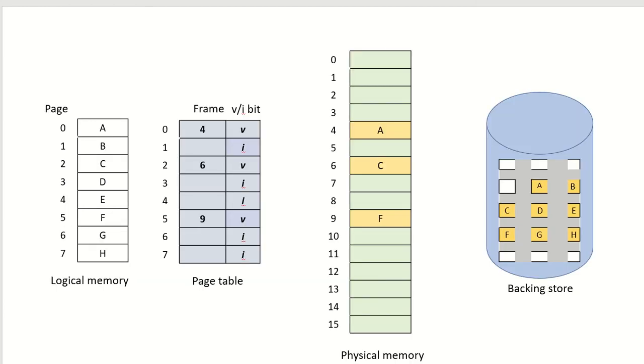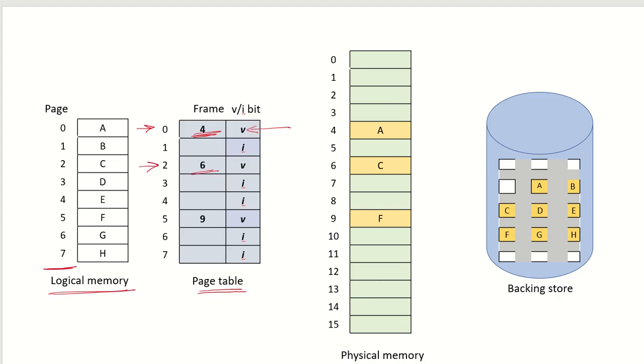So let's say this is the logical memory representation. There are 8 pages, 0 to 7, and this is the page table. For each entry, it shows that page 0 of the logical memory is available in frame number 4 and it is currently valid. Similarly, page 2 is available in frame 6.